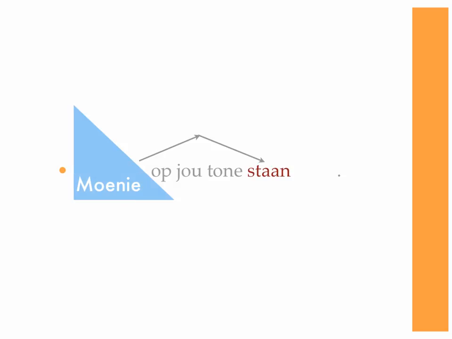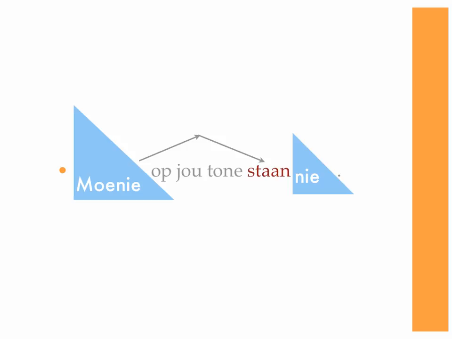Derde enetjie. Staan op jou tone. Staan op jou tone was die vraag, sorry. Your verb went to the back. Moenie got replaced with it. Op jou tone staan nie. Het hom almal reg? Okay.